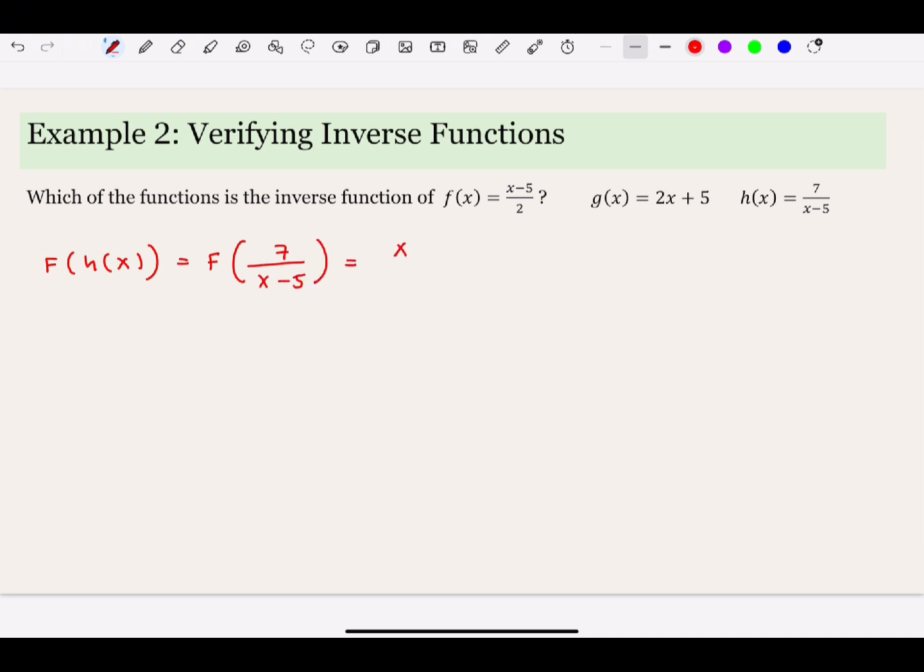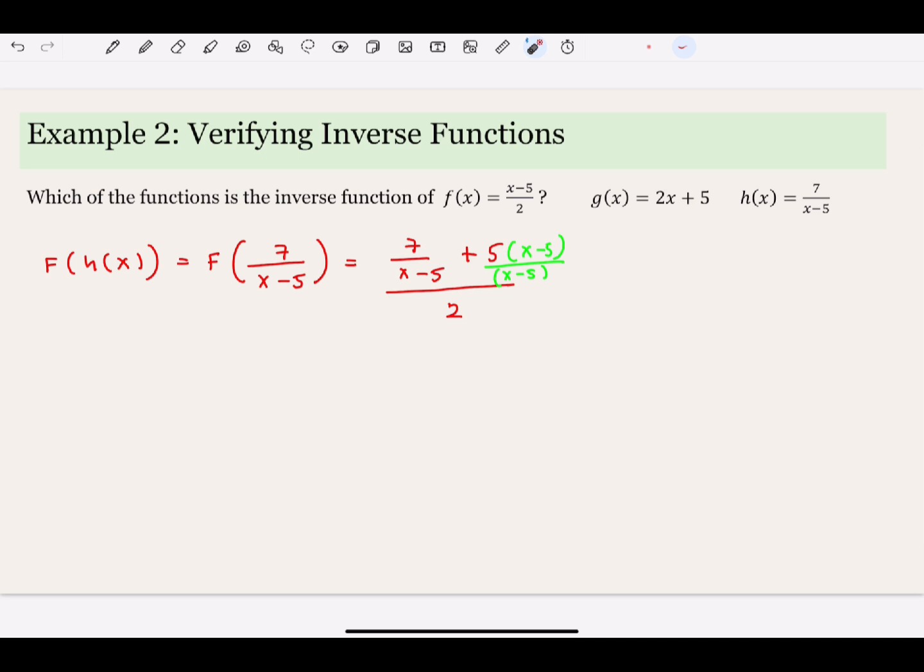Instead of x, you have to write the expression, that is 7 over x minus 5 plus 5, over 2. Okay, again in this scenario, you have a fraction in the denominator and this is a constant. So you have to have a common denominator. To get the common denominator, I'm going to multiply both top and bottom by x minus 5. This doesn't affect my problem because these two terms will cancel out.